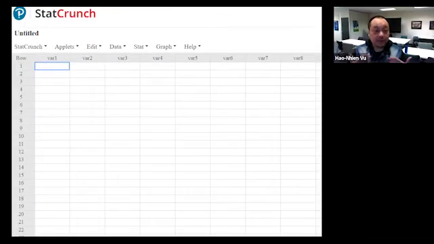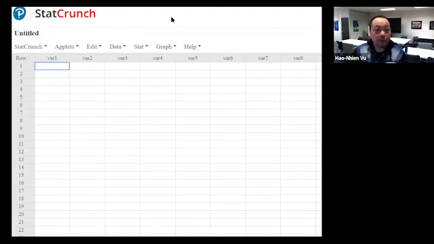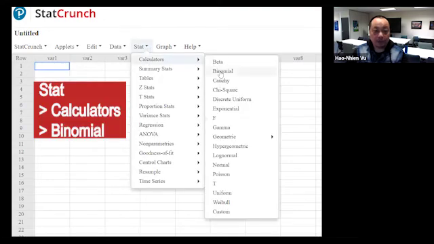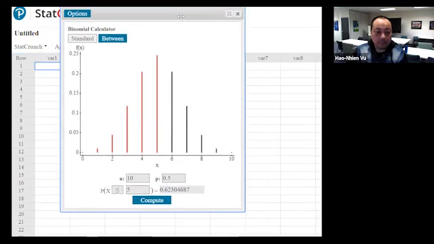All right, so here I am in StatCrunch, and the problem I'm looking at is binomial with n equals 10, P equals 0.2, and I'm looking for the probability that X is equal to 3. On StatCrunch, the binomial calculation is under Stat, Calculators, Binomial. I click on that, I get this pop-up window.